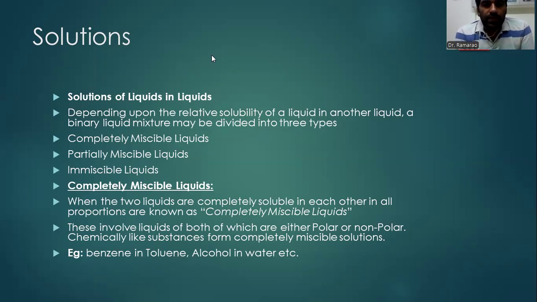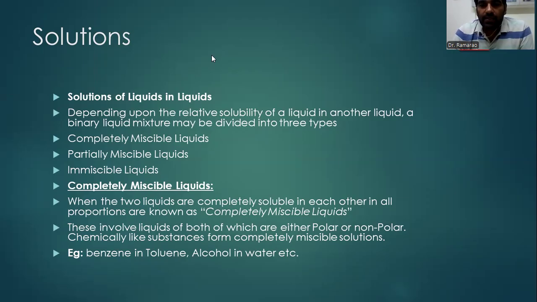Types of solutions: there are three types of matter. One is gas, one is liquid, and one is solid, which may behave as either solvent or solute. Depending on the state of the solute and solvent, there are different types of binary solutions.